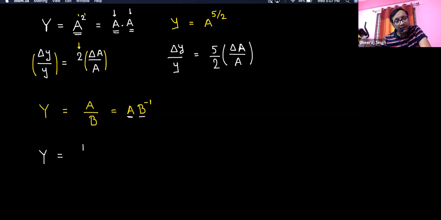Tell me what is the error in 1 by B, which is B to the power minus 1. Delta Y by Y in this case will be what? The exponent has to come in front.